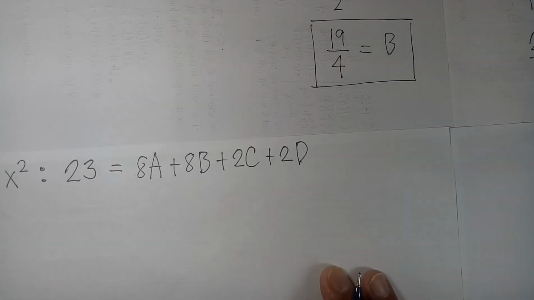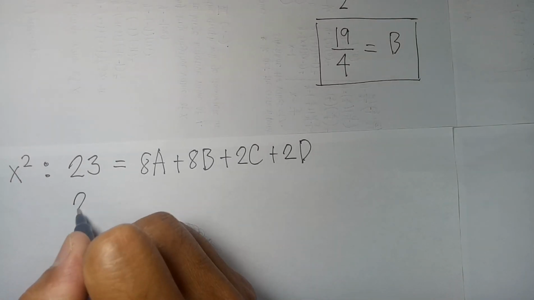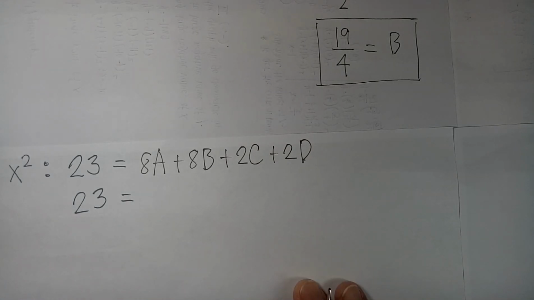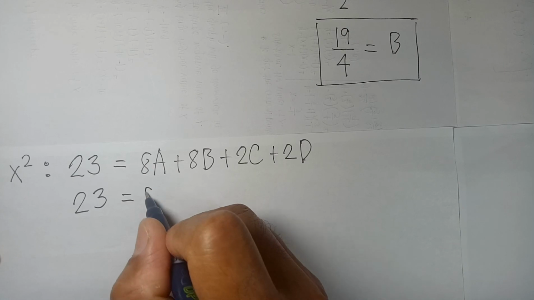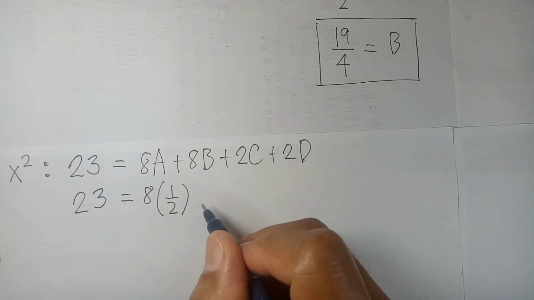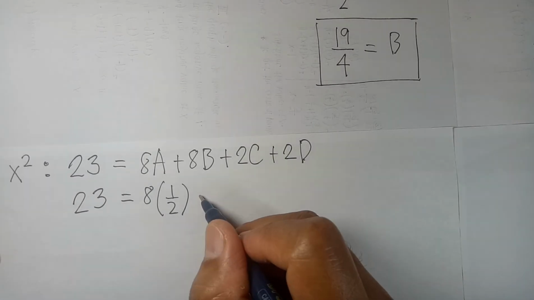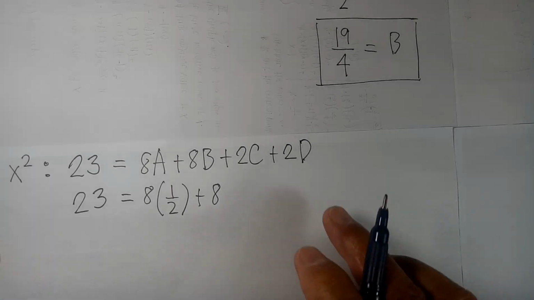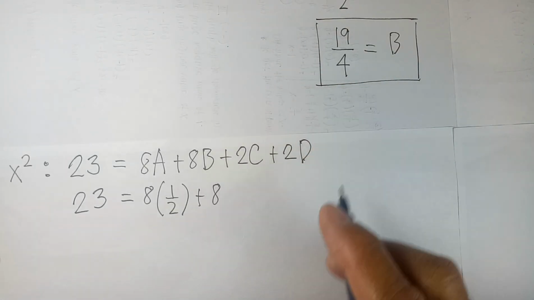Okay? So, meron tayong 23 equals A is 1/2. So, 8 times 1/2 plus 8 times B, 19/4.